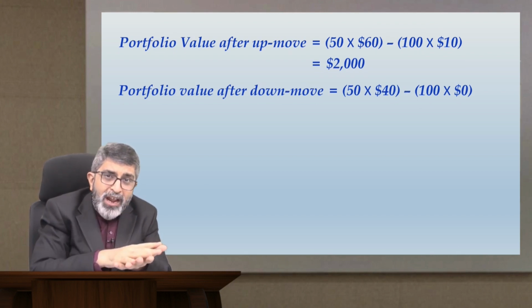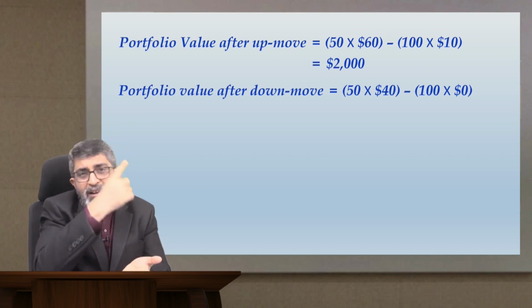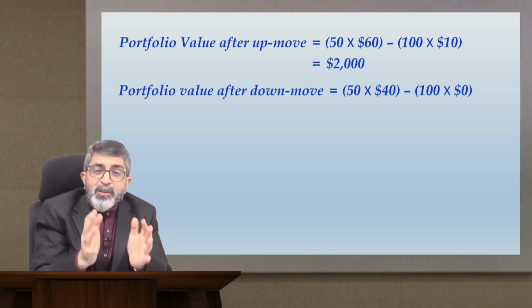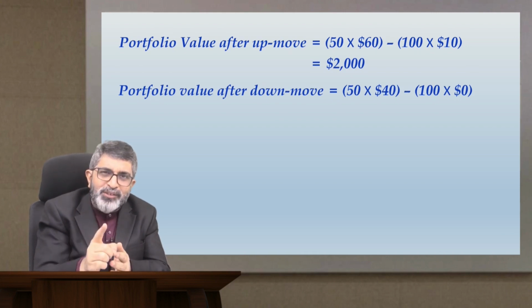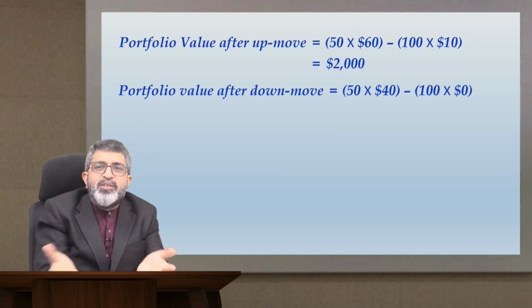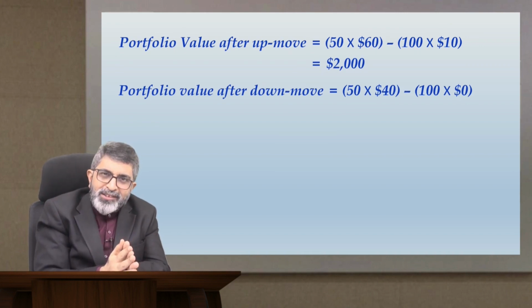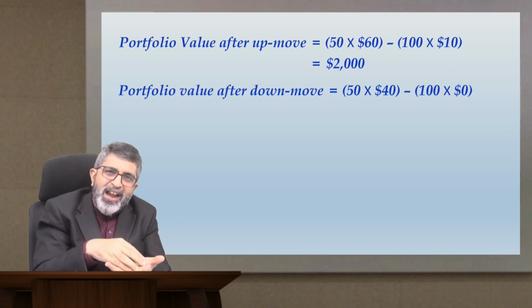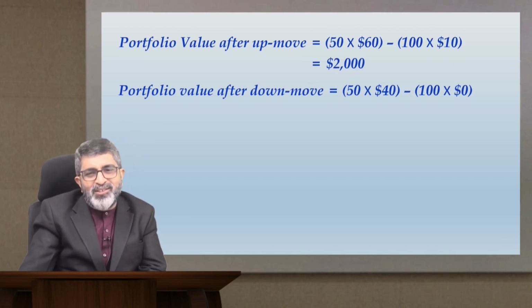But the wealth in your hand, the net wealth in your hand, under either scenarios, whether the stock price moves up or down, the wealth in your hand is $2,000. So $2,000 is the wealth in your hand, and $1,870 is your obligation. You pay it off, you still have a remainder value in your hand. That is your arbitrage gain.